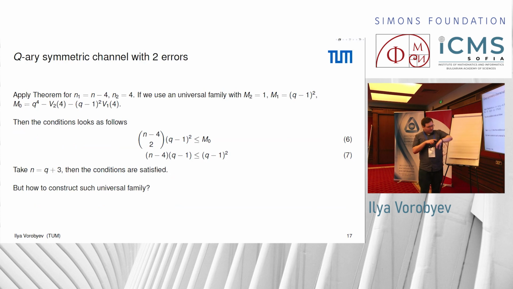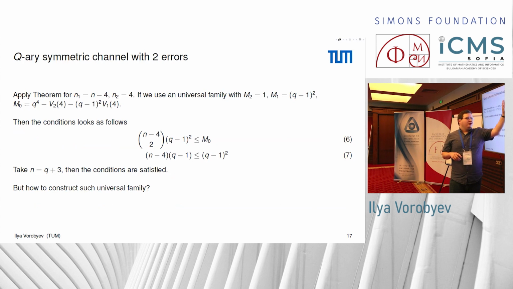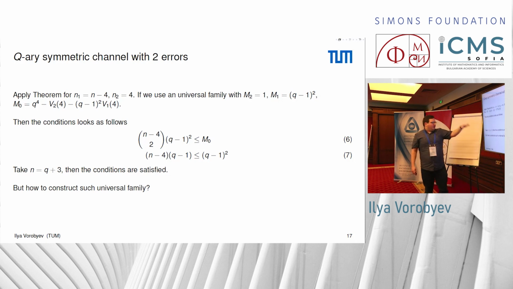I don't think I have a lot of time, so I just briefly say you can apply the theorem, and we need a universal family with the parameters, for example, with one sphere of radius 2 and (q-1)^2 spheres of radius 1. And then if you take n equals q+3, then the condition will be satisfied, but the question is how to construct such a family.